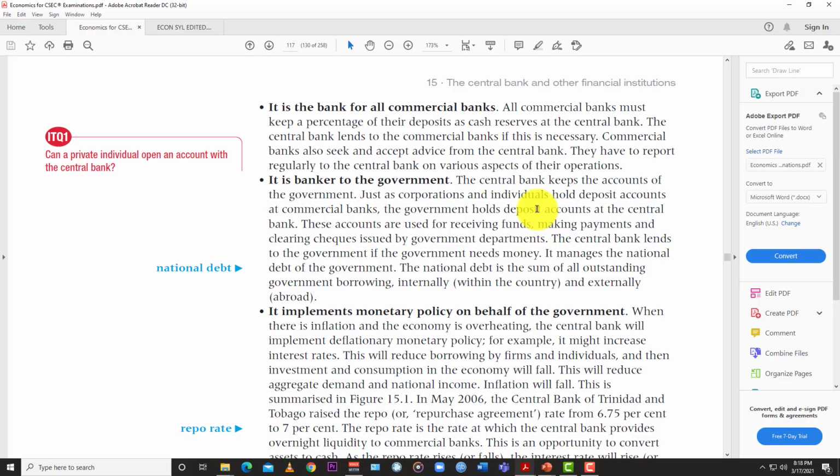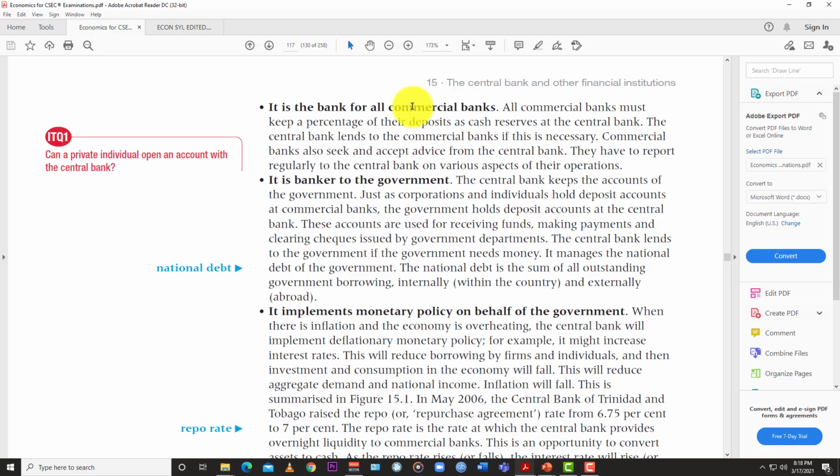So the central bank basically controls the financial sector within any economy. It controls the commercial banks and even other financial institutions that are not banks, such as credit unions and cooperatives. So the central bank is the bank of all commercial banks, and they implement the rules, regulations and laws.